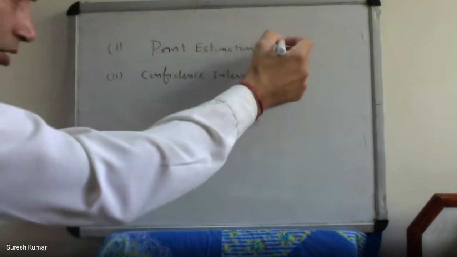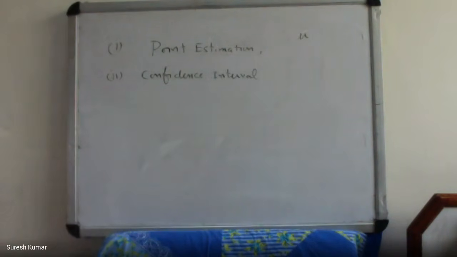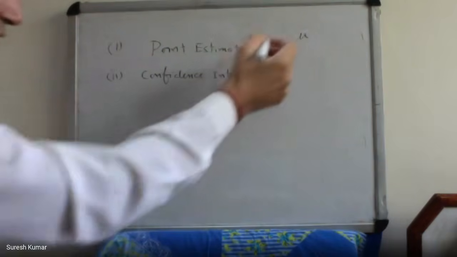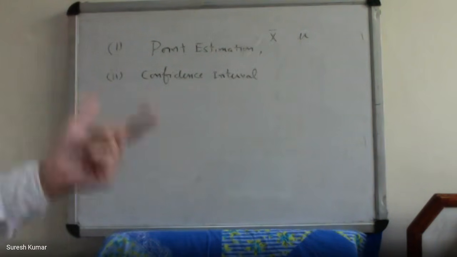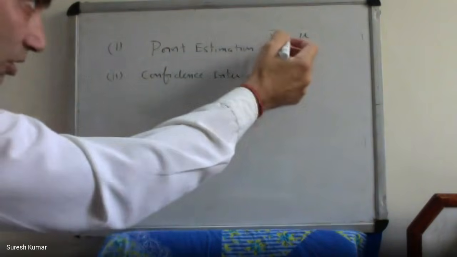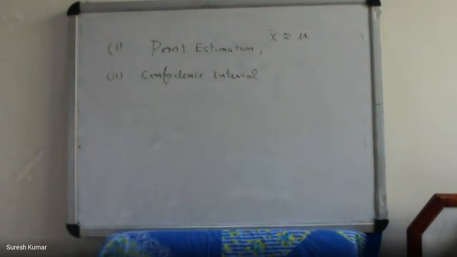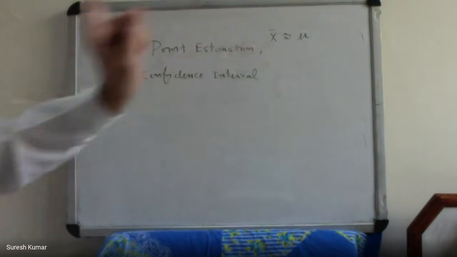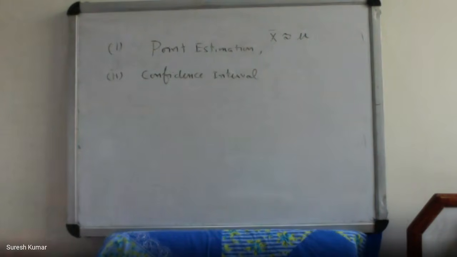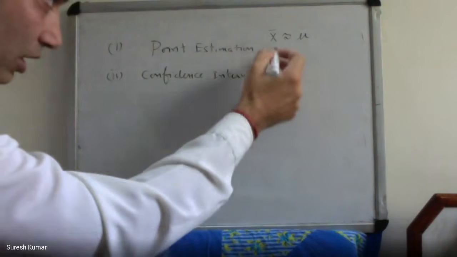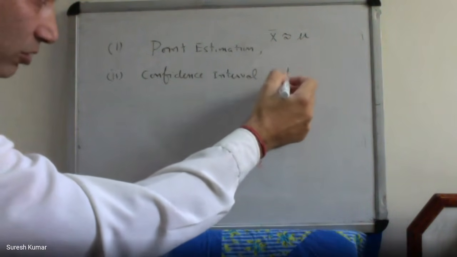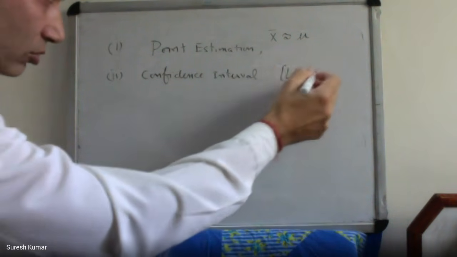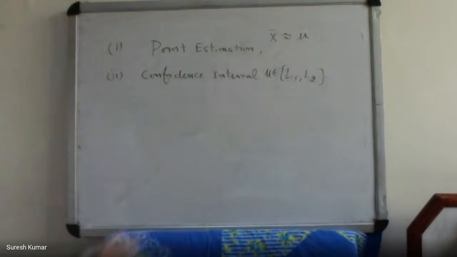Think like this. Let's say you want to estimate population parameter mu using the sample information, means using X bar. So suppose we have some method which gives direct estimate for mu. This is point estimation. In confidence intervals, we do not have the direct value of the population parameter. Rather, we tell some interval, say L1 to L2, with certain probability where mu lies. That we call confidence interval.